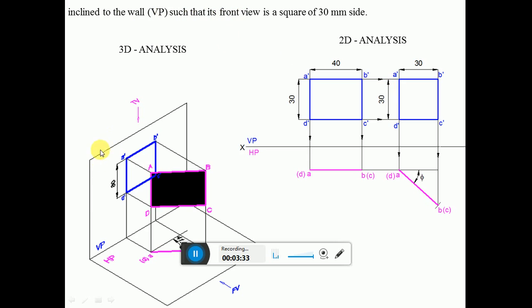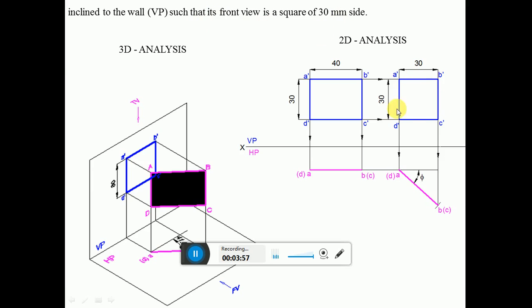So that means the rectangle of 30 mm by 40 mm is rotated with respect to VP until it becomes a square of 30 mm side, such that its front view becomes a square.